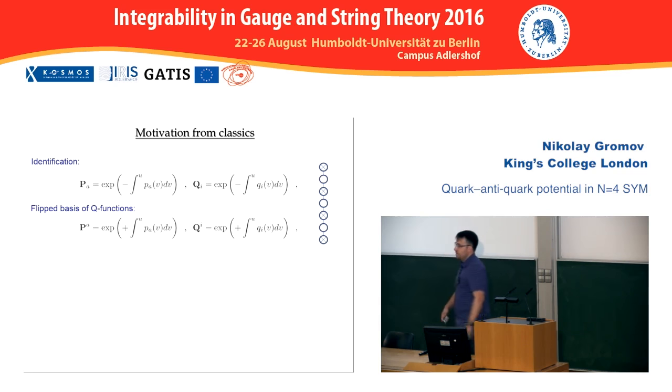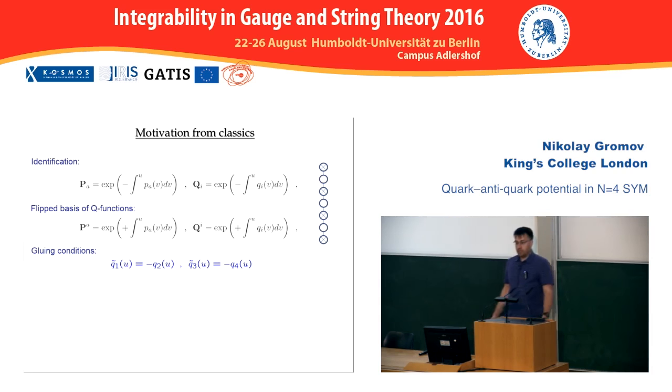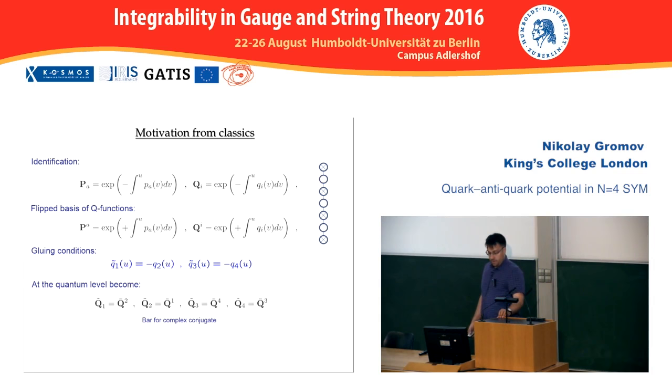So upper and lower are just a reflection of this symmetry of PSU(2,2|4). Now you don't have this problem, and we can deduce that this relation implies that Q1 tilde should be, say, Q2 bar with upper index, and so on. This follows exactly the pattern of the classical string. And I have to add the bar. That is something you can't see classically, but it becomes clear when you analyze the analytic properties of the Q's.